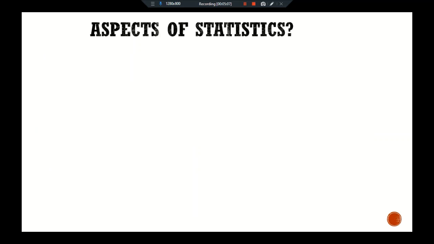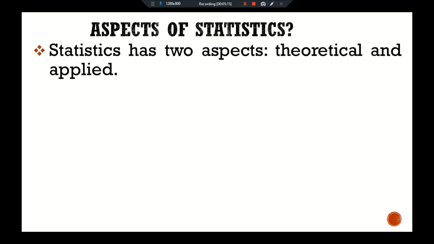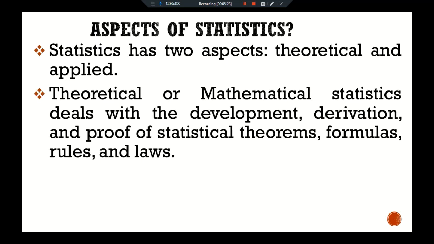Okay, let's discuss some of the aspects of statistics. Like almost all fields of study, statistics has two main aspects: theoretical and applied. Theoretical or mathematical statistics deals with the development, derivation, and proof of statistical theorems, formulas, rules, and laws.